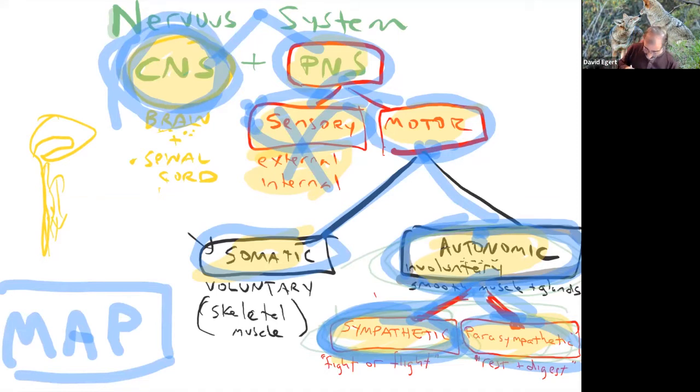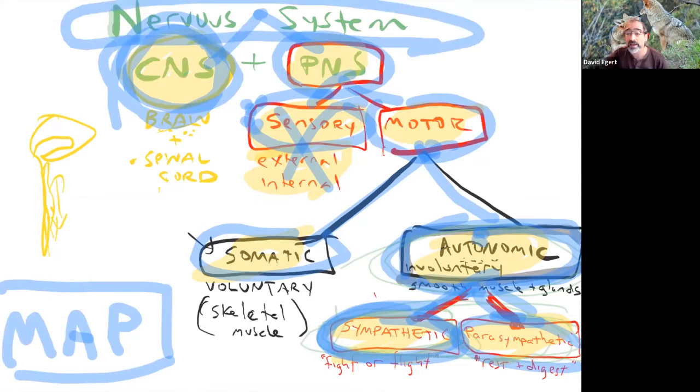And then as we continue on, you're going to find the nervous system is inextricably entwined with the endocrine system. Sometimes people talk about the neuroendocrine system, because there's going to be a lot of interplay between the nervous system and the endocrine system.